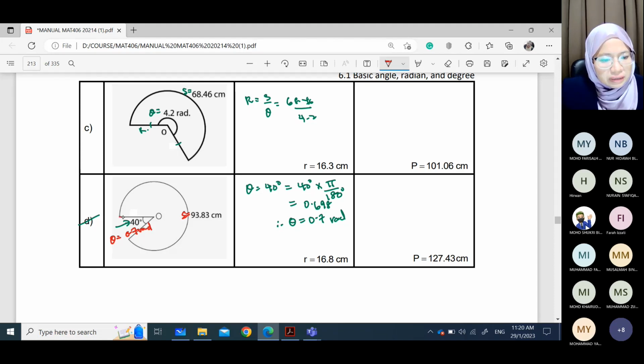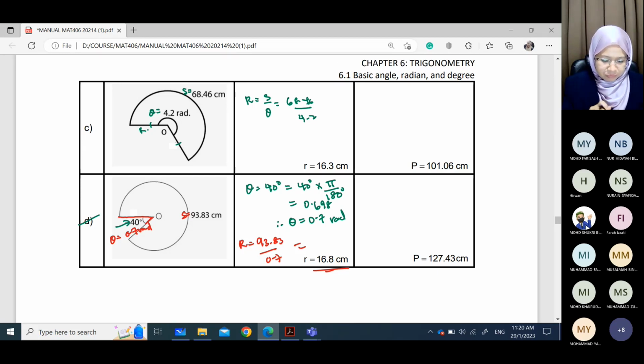Okay, so kalau nak cari radius yang ni, the radius is equivalent with S, 93.80 over 0.7. So you akan dapat nilai yang ini. Dapat tak? 16.8 cm. Bahagi 0.7.